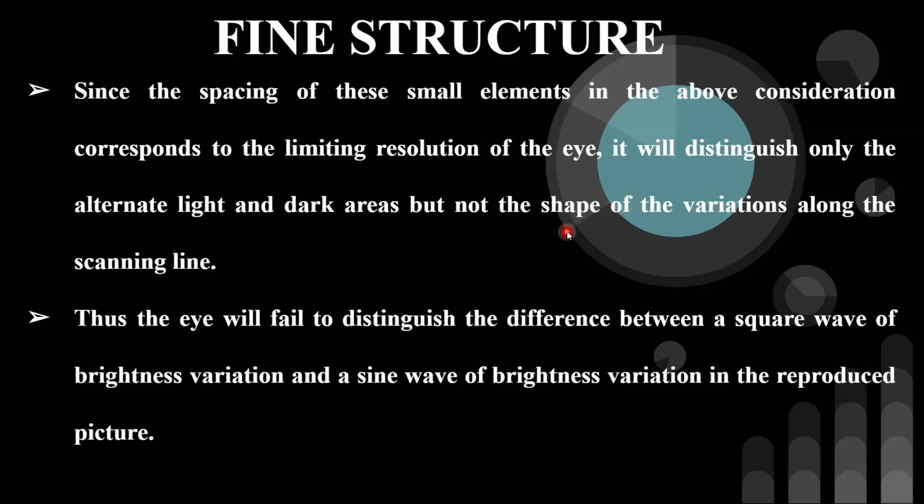For example, red and cyan, their color hues become very indistinct. Thus very fine color details are produced by frequencies from 1.5 to 5 megahertz.